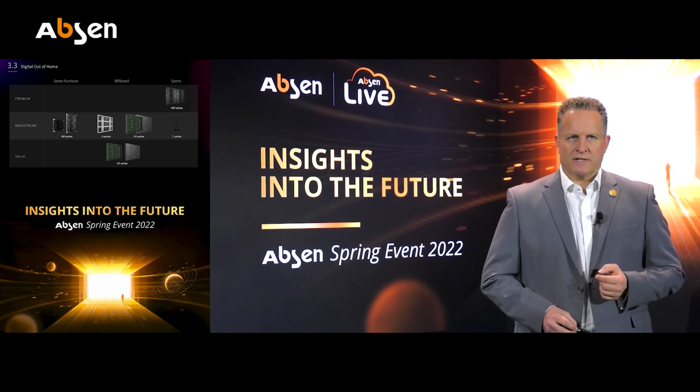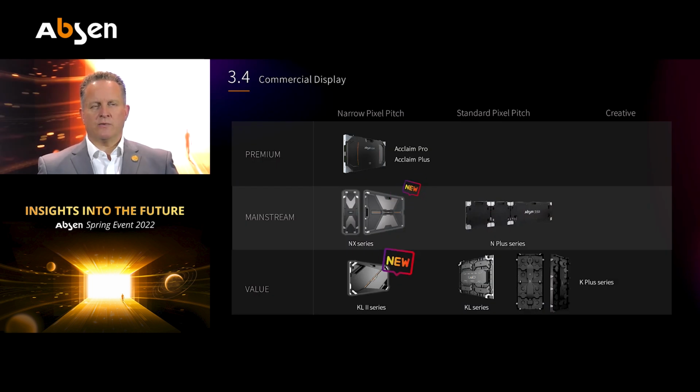For the commercial displays, we have our Acclaim or A27 series in a Pro and Plus version. We then come to our new product, the NX series, where we have, for example, a dimension of 960 millimeter by 540 millimeter, or the smaller one, which you can see on the left-hand side, of 240 millimeter by 540 millimeter.